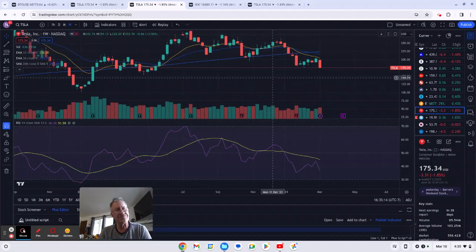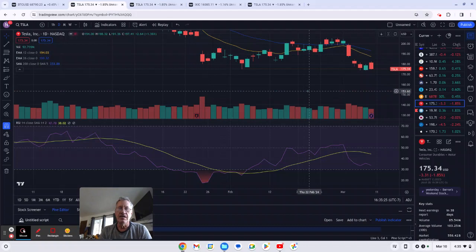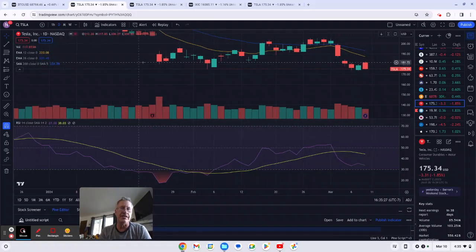to be patient. Number two, in order for things to really change, you need to first see a daily trend change. So back to the daily chart, you had a daily trend change here where you had the low, the high, the low, the high, the higher low, and then you have a higher high.